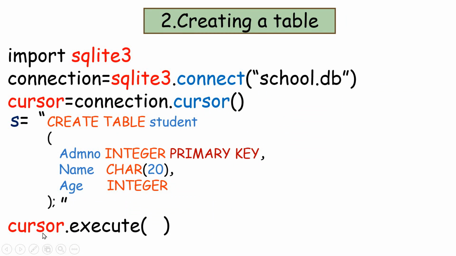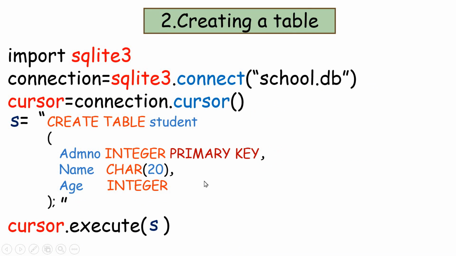And then in cursor.execute, you just write s. You can follow any of the methods. That is, you can write the SQL command directly here in the execute function itself, or you can store it in an object and then write the name of the object over here.